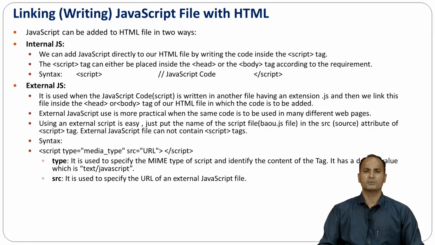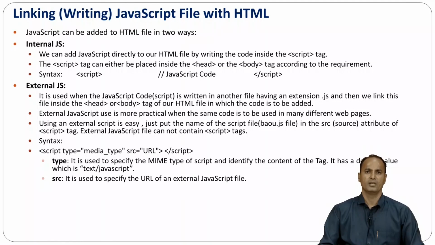There are two types of JavaScript we can write for our web page: internal JavaScript and external JavaScript. For internal JavaScript, we simply use a script tag and within that we write the code we want to execute. Generally, whatever script text we write goes directly either to the head section or the body section. So depending on the requirements, we can use this dynamic scripting in our web page.